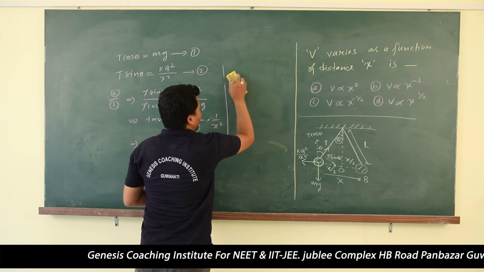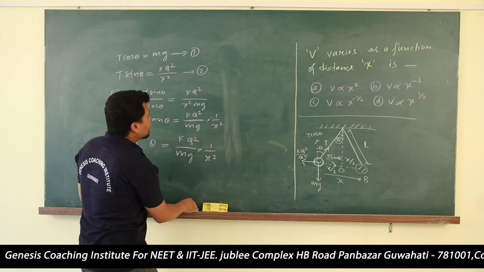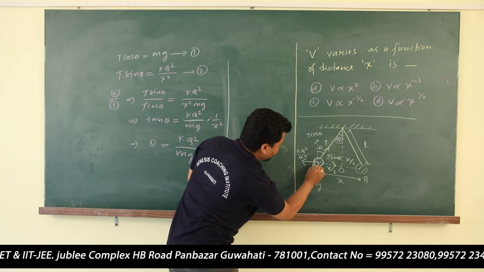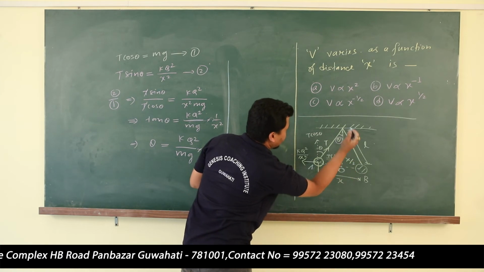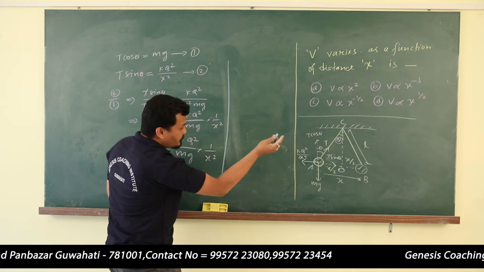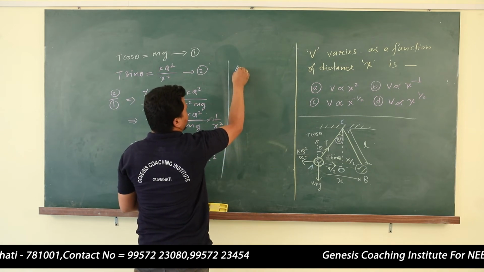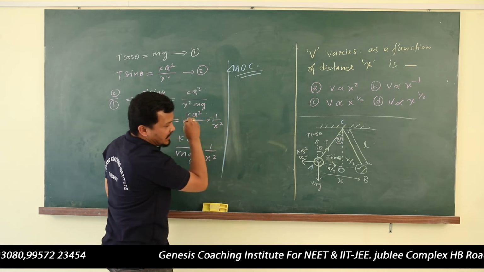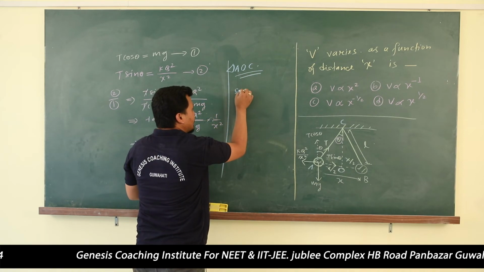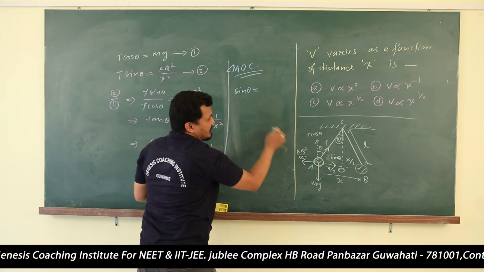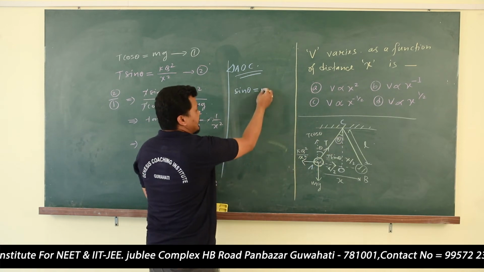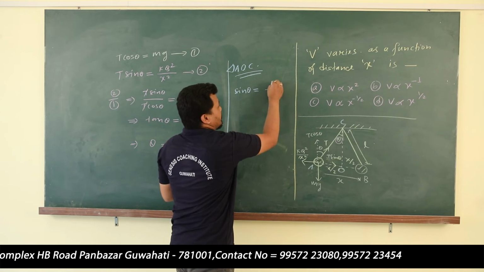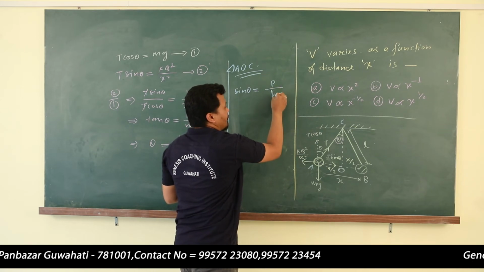Again from the figure, suppose this is point A, this is point O, and this is point C. In triangle AOC, sin theta equals perpendicular by hypotenuse.